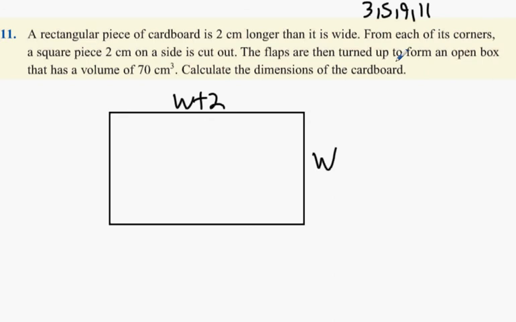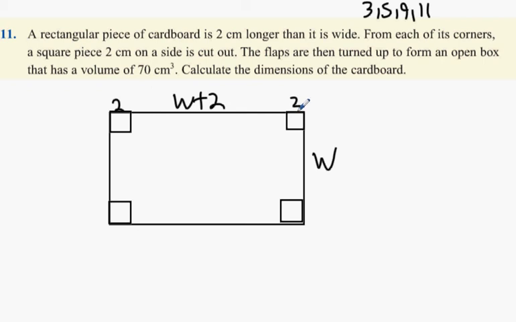Now, from each of its corners, a square piece of 2 centimeters is cut out. So that's interesting. Okay, so what we have here is, it's actually one there, one there, one here, and one here. Now it says the square is of what length again? 2, isn't it?